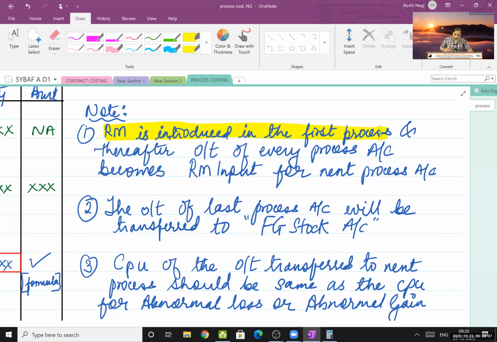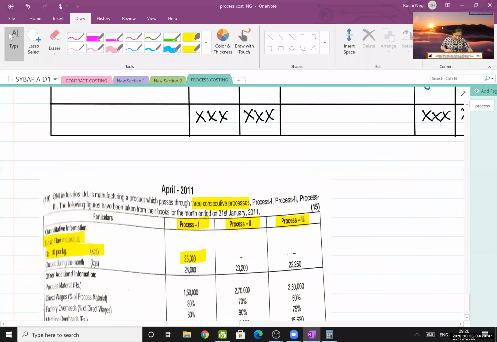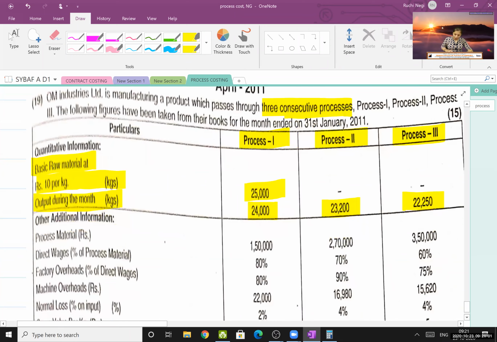Is this clear? First half of the first point is clear. Raw material is introduced in the first process. So the question may be out there. Next, output during the month. Output is also given: 24,000 kgs, 23,200 and 22,250.